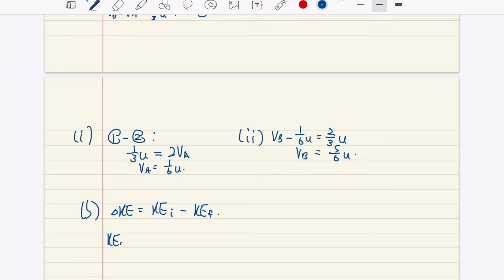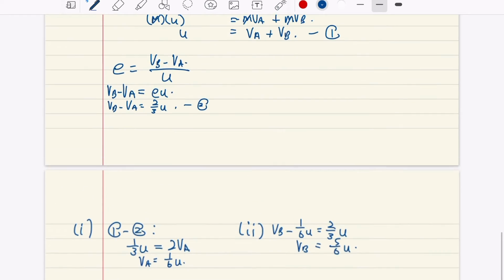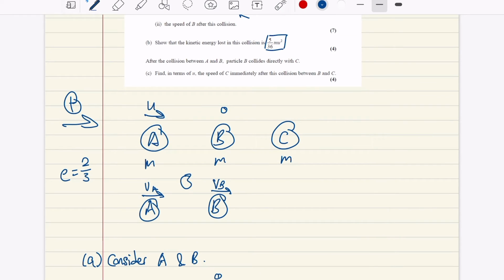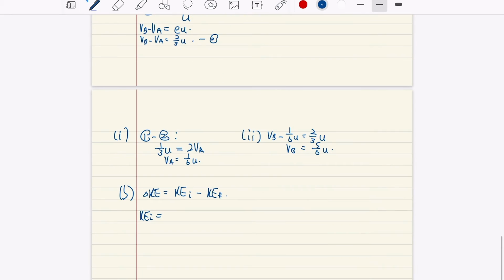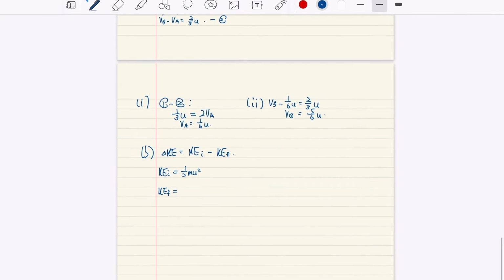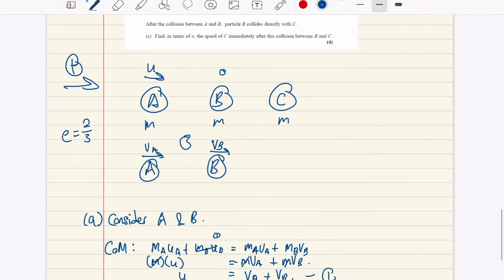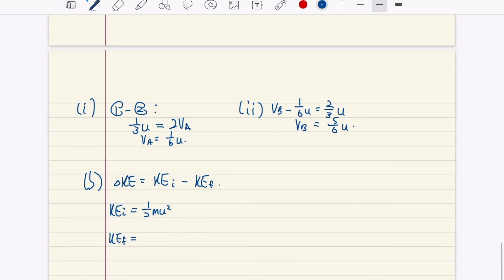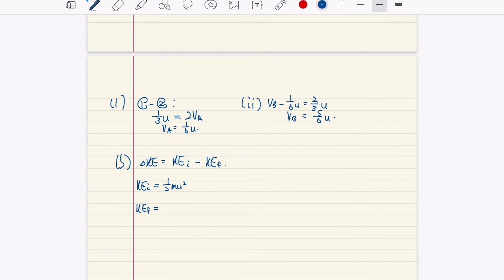The initial kinetic energy is actually the kinetic energy of A only, because B is at rest, so it will be half mu squared. And the final kinetic energy will be the kinetic energy of A and B. And in here we don't need to care about the positive or negative sign, because after you square, all the negatives will be positive anyway.